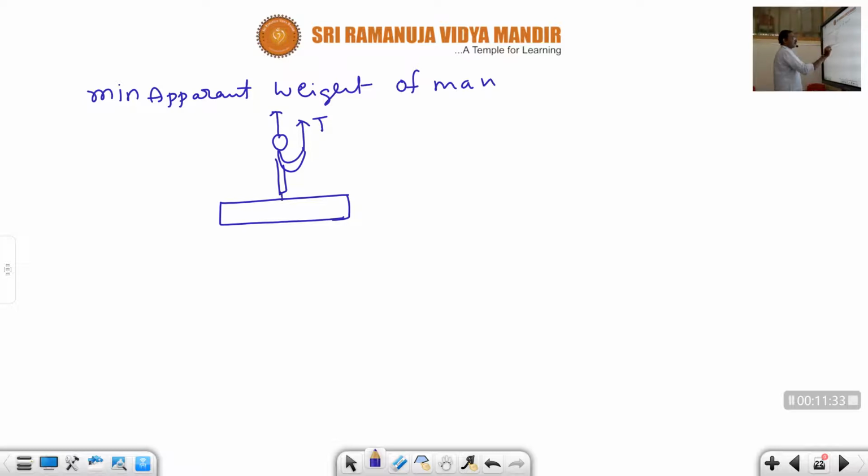I will take the normal reaction on the man by the block as N1, and capital Mg is the weight of the man acting downward. So N1 plus T is equal to capital Mg, and N1 is nothing but the apparent weight of the man. When you put him on a weighing machine, the machine will show N1, the apparent weight of the man, as its reading.